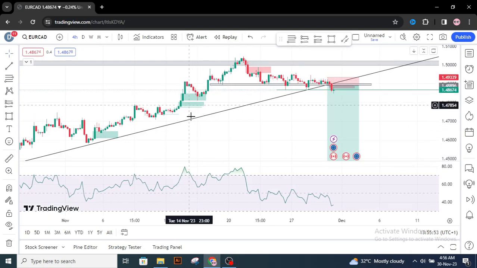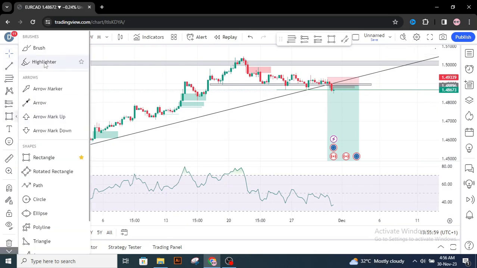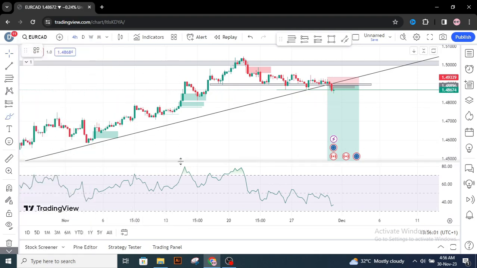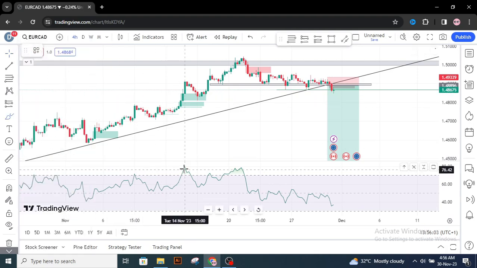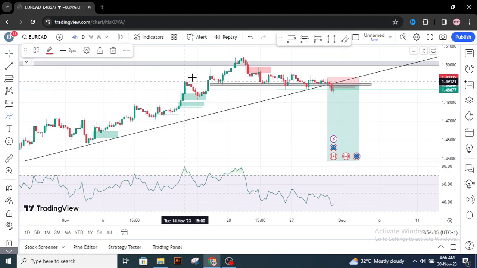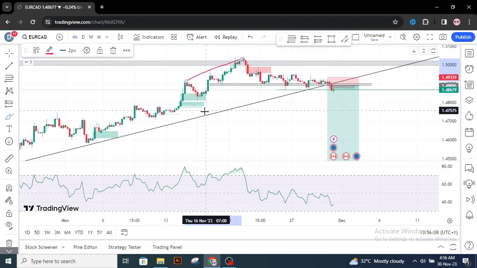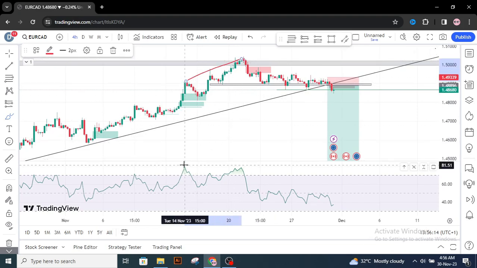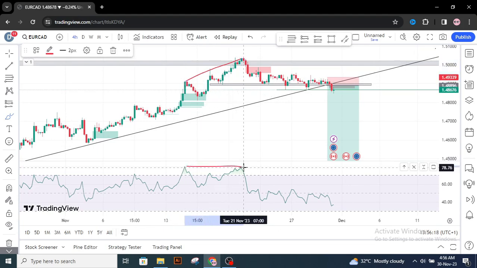Let me get my marker. If you look at it very well, from here to this place, the market is making a higher high, then another higher high here. But if you look at this, sorry, let me use another tool, please.